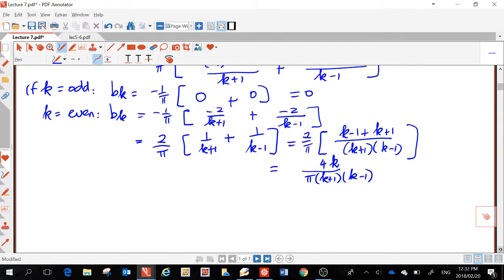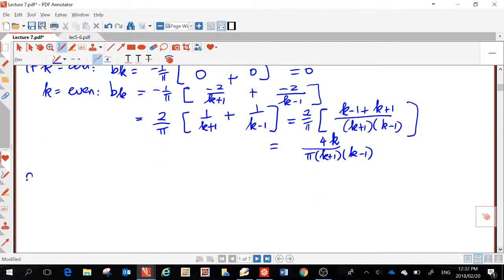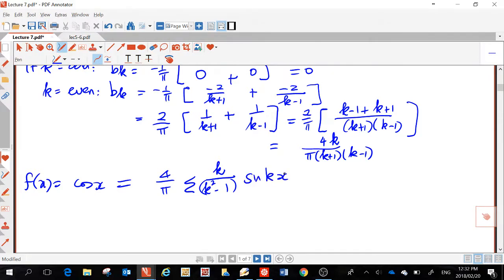Okay, so now what it means is that you can then say that the function f of x equals cos x can be approximated by, or can be equivalent to, in fact, the function 4 over pi sigma k over k squared minus 1 sine kx, where k is even.